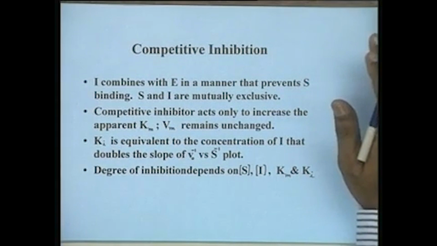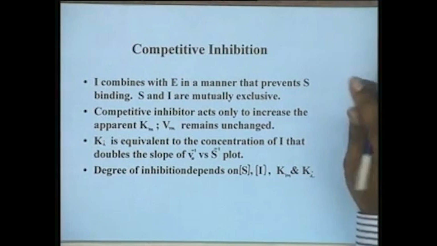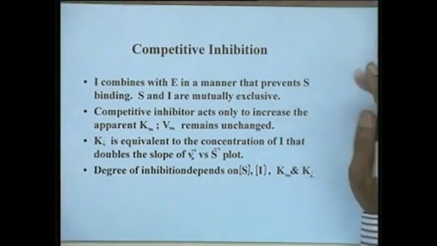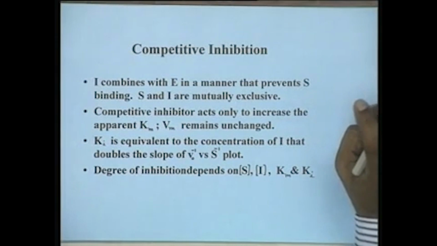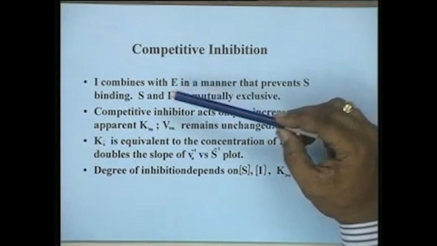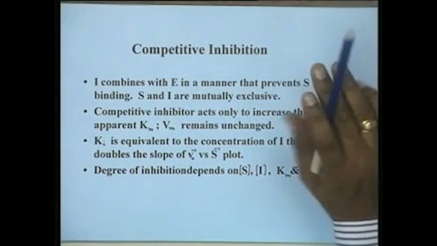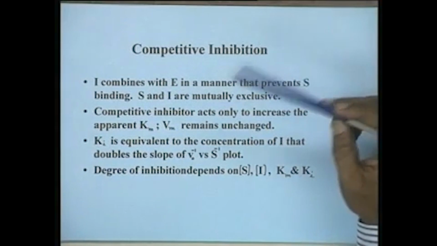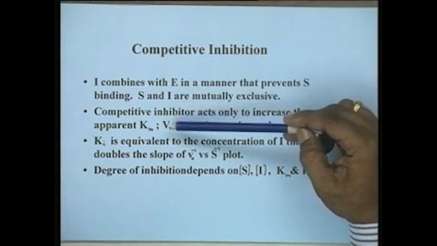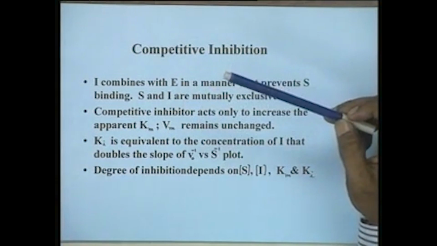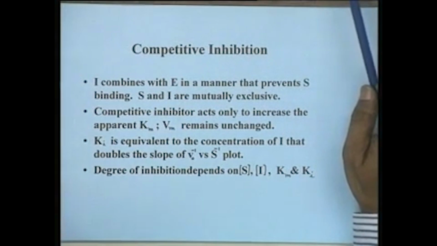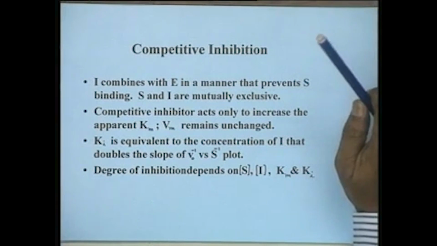It may occupy the same binding site, it could also interfere with the binding due to steric hindrance in such a way that the binding of the substrate is prevented fully or partially, and essentially substrate and the inhibitor are mutually exclusive. Their effect on the kinetic parameters of the enzyme reaction is just to increase the apparent Michaelis-Menten constant. The maximum reaction velocity remains unchanged.